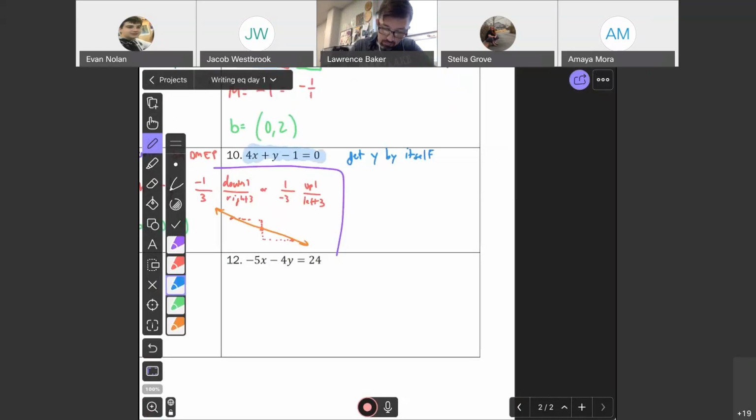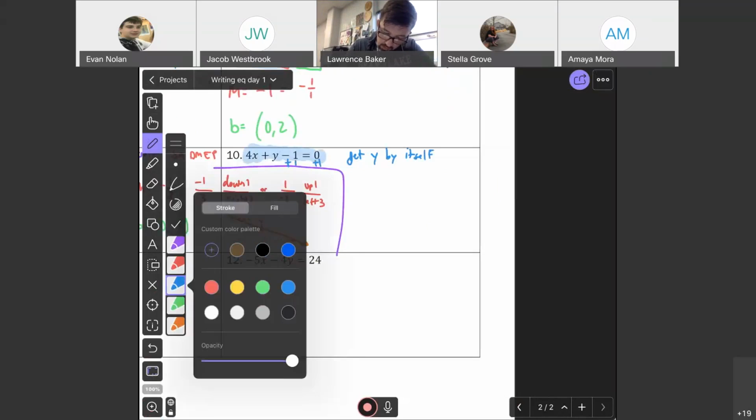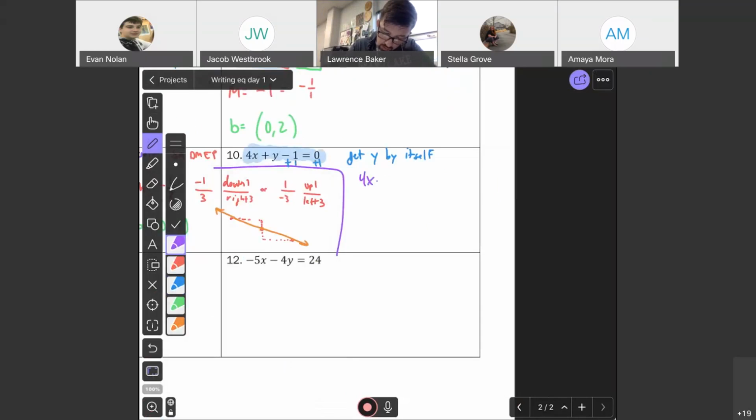Okay. So that gives me 4x plus y equals 1. And Peyton's saying subtract 4x. Remember we have a choice here of how we write that. 1 minus 4x is fine mathematically.